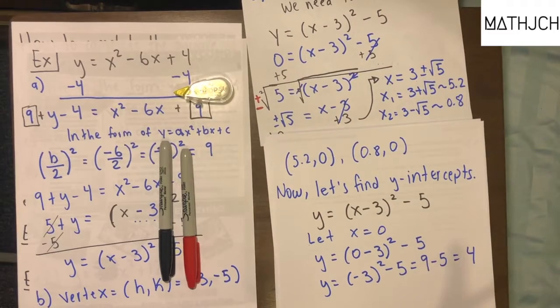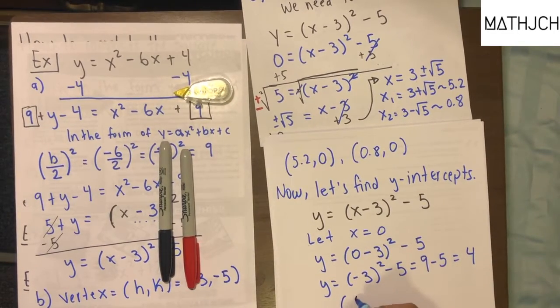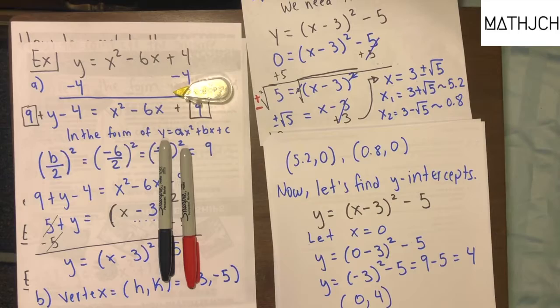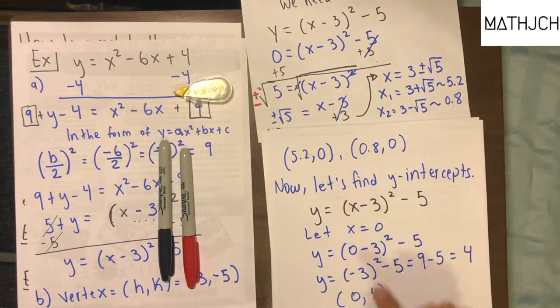So notice that we only have one y-intercept. That means that our point will be 0 for x and 4 for y. So this is going to be our y-intercept. So we already have four points to sketch the graph.